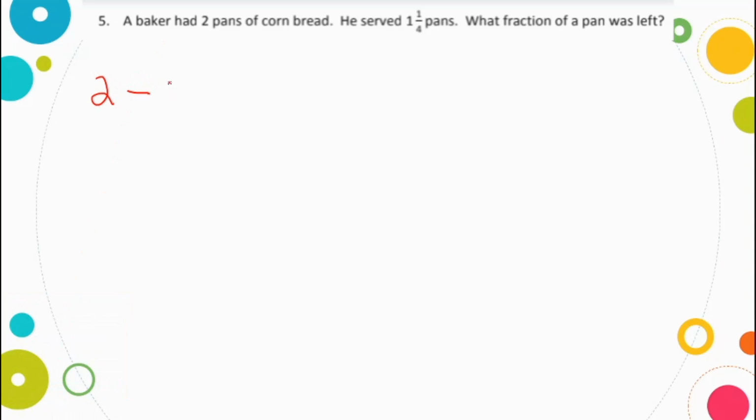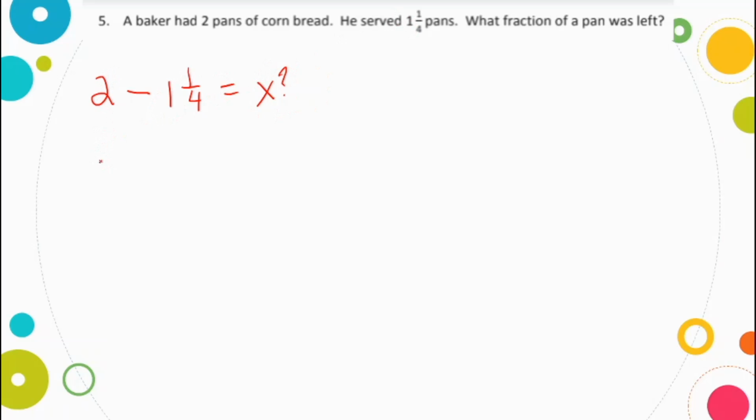He serves 1 and 1/4 pans. What is left over? In this question, we want to know what is left over. So when you're translating this from English into math language, you have 2 pans. You are subtracting this because that's how many you gave out, and you want to find how much is left over.